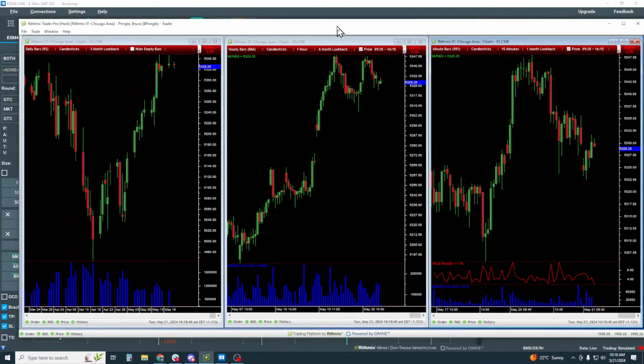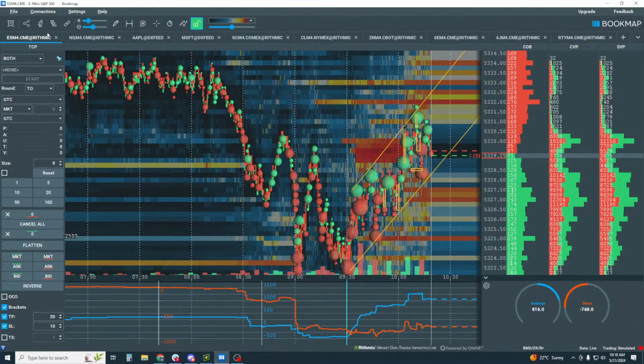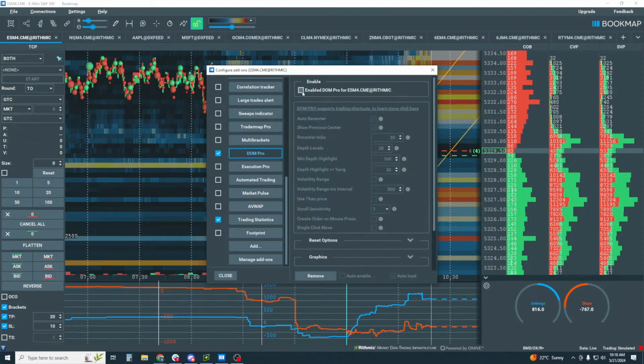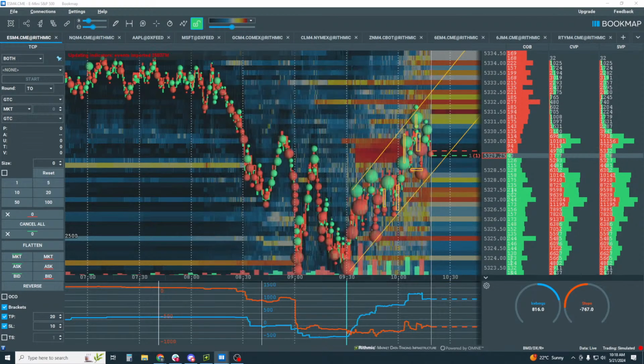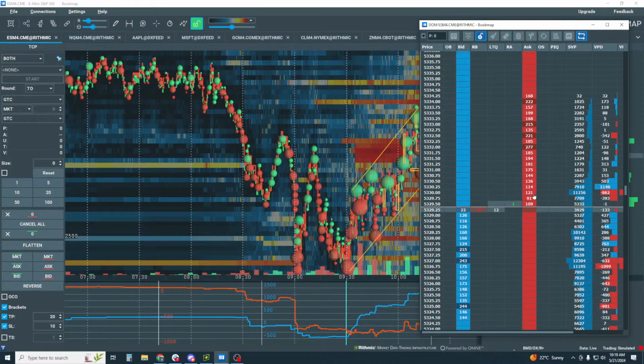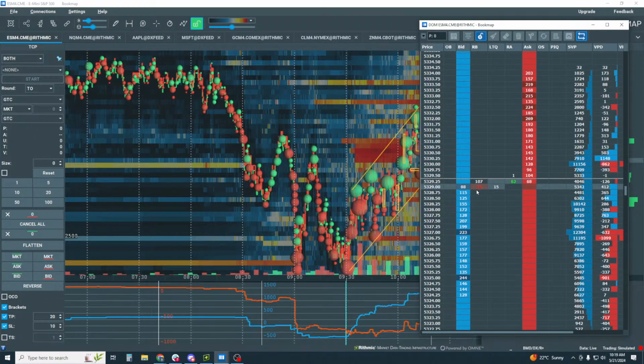When Bookmap came out, the only thing you had access to before was a dome. Now we do have a dome, a very professional Dome Pro here. I can open that up and show it to you. This level 2 came out back in the 90s, and now it's a totally different game, because level 2 is great.